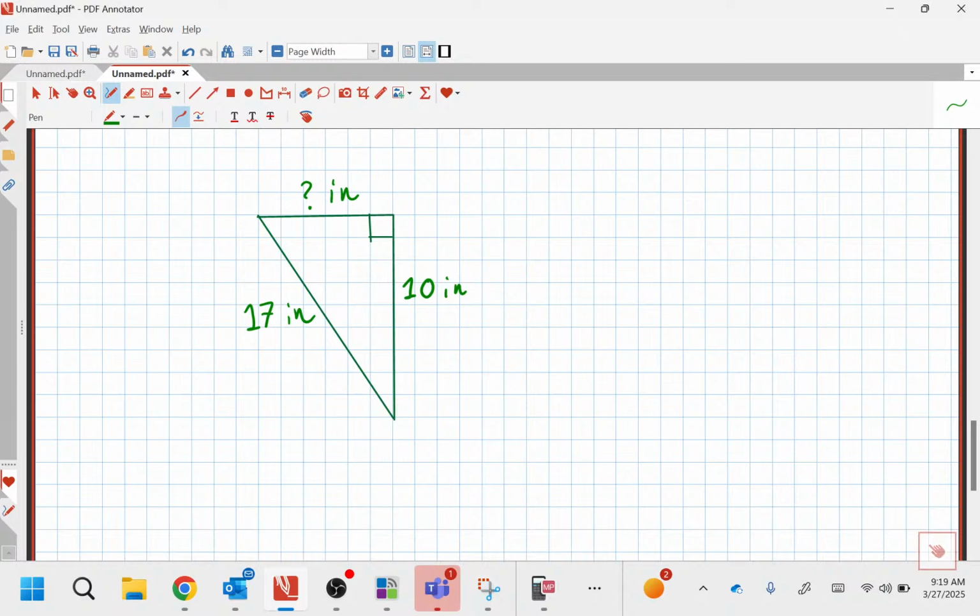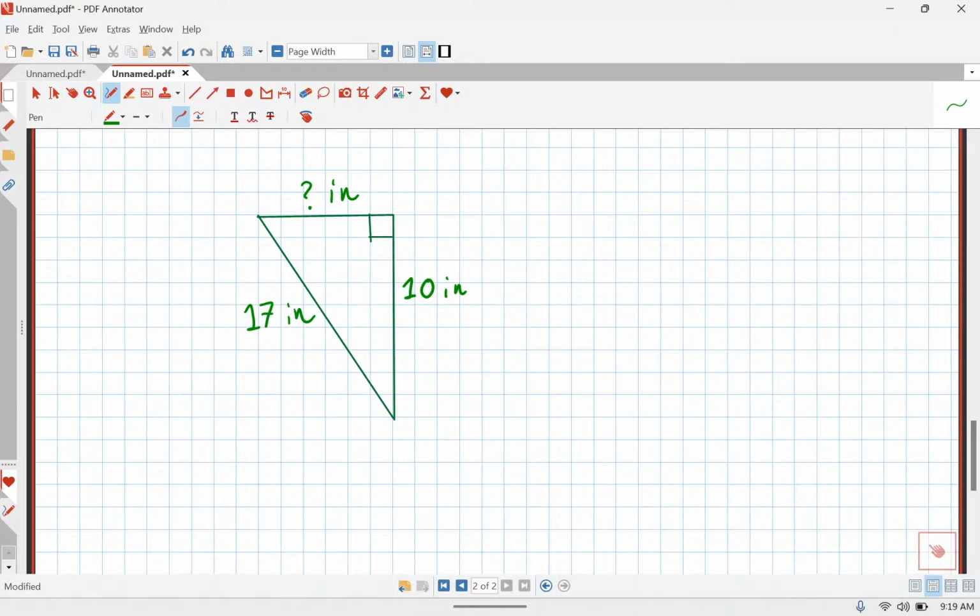Okay. Let's see here. Rachel, what was the first thing you did with this? Which was 289 inches squared. 100 inches squared.